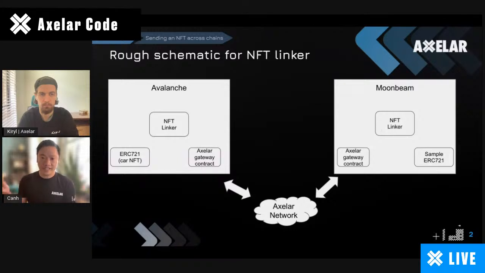It has to manually get invoked by someone. And the process is one where, starting from the top, you invoke a message on our gateway. It then goes through our network. And then the receiving gateway on the Moonbeam side sees that transaction that comes in, and it does what's called lazily approves it, right? But it doesn't actually execute the method on the NFT linker right at the start.